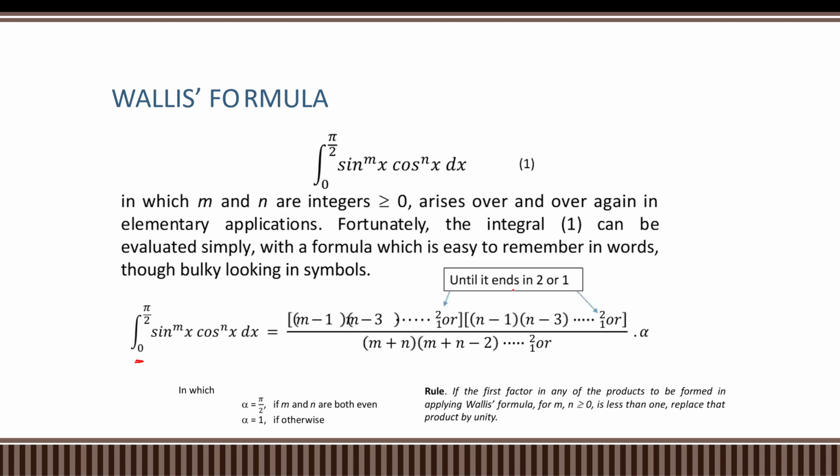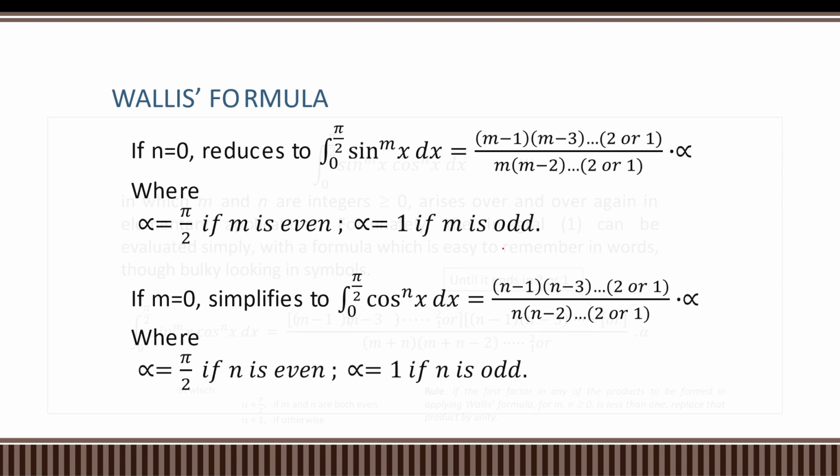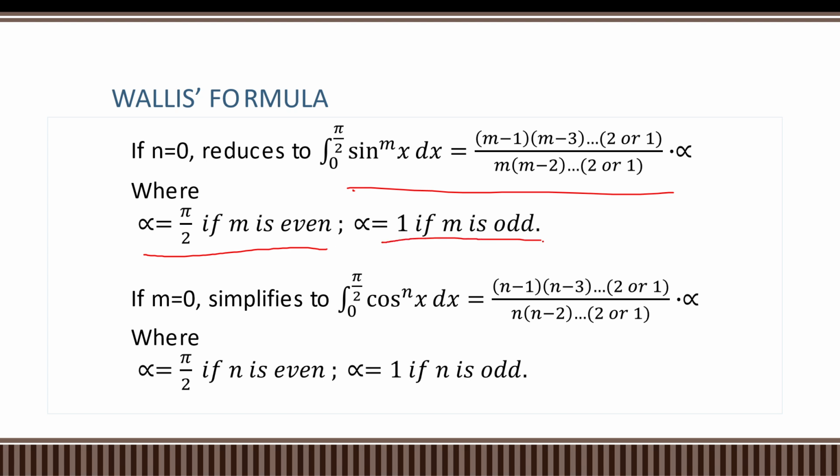Take note that n equal to 0 reduces to this formula: the integral from 0 to pi over 2 simplifies also, where alpha is pi over 2 if m is even and alpha is 1 if m is odd.